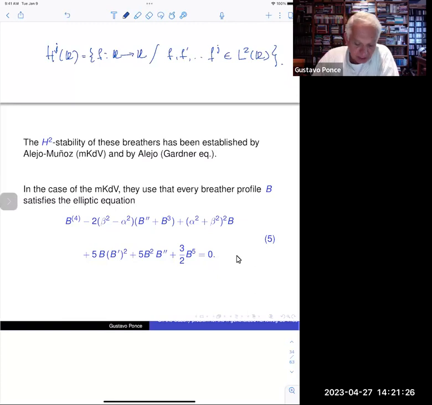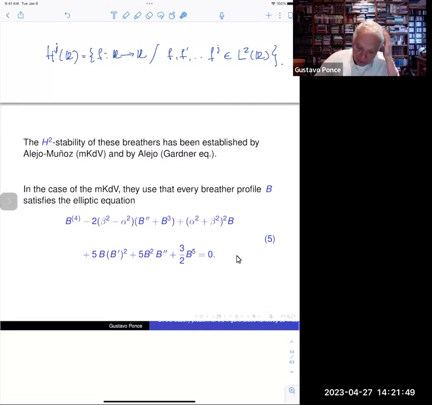Then for the modified KdV, Alejo and Muñoz proved that breathers are stable in the sense that if you start close to a breather, your solution will be close to a breather at a later time. This is the same stability that you have to understand the soliton.